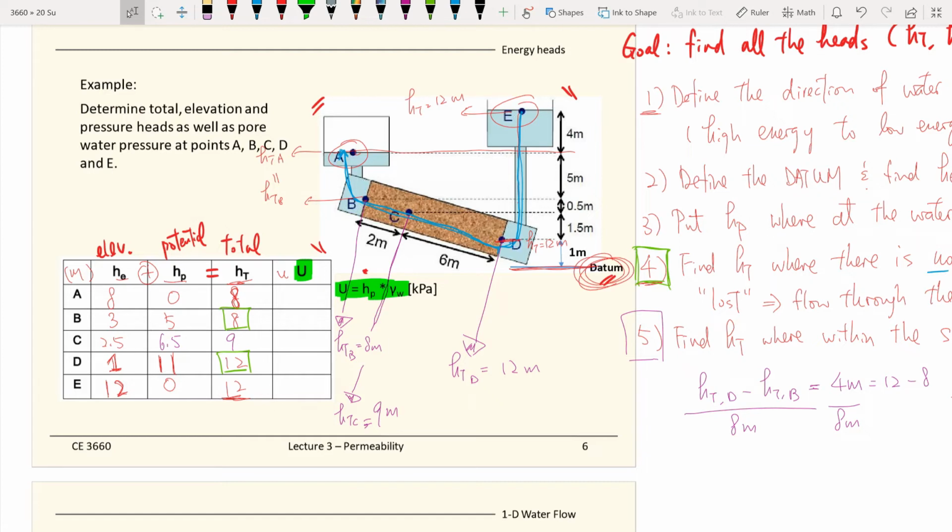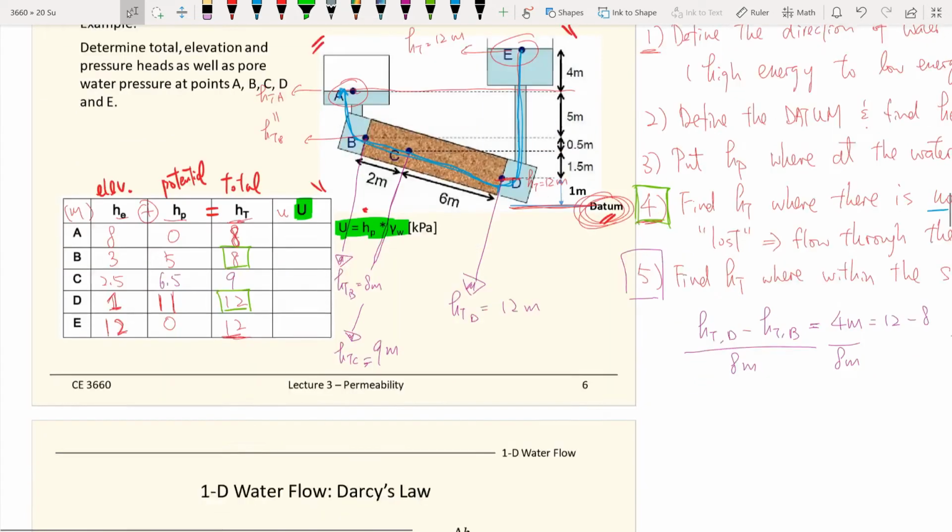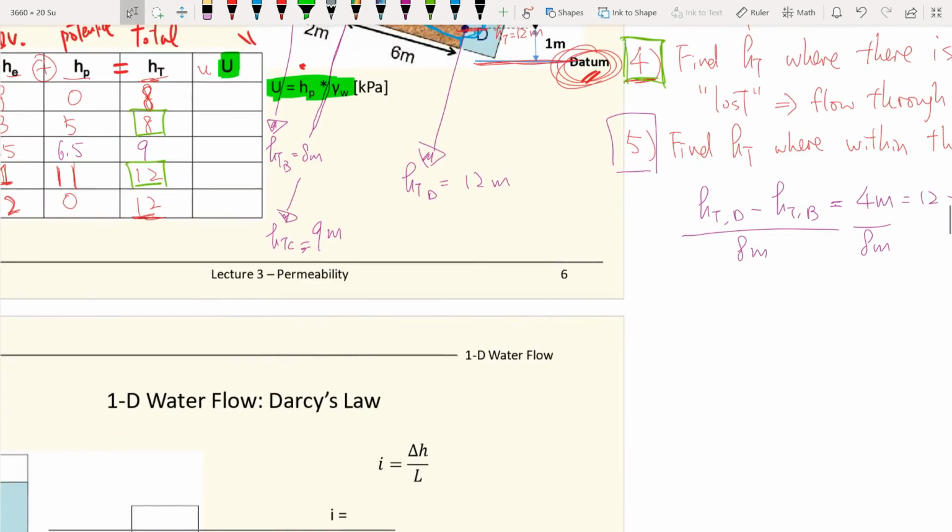And once you do the simple calculations, you find out the water head, then you can calculate the water pressure. In order to make those calculations, you can assume the unit weight of water is about 10 kilonewtons per meter cubed.